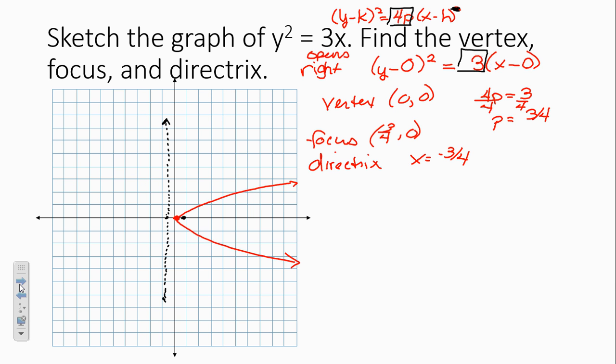They are always the same, because the definition of a parabola is that every single one of these points along this parabola has to be the same distance between that focus and the perpendicular distance to that directrix. So those have to be the same distance. Okay, great questions. Other questions on this slide?